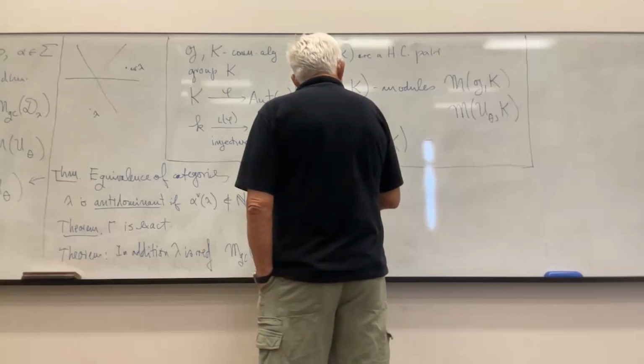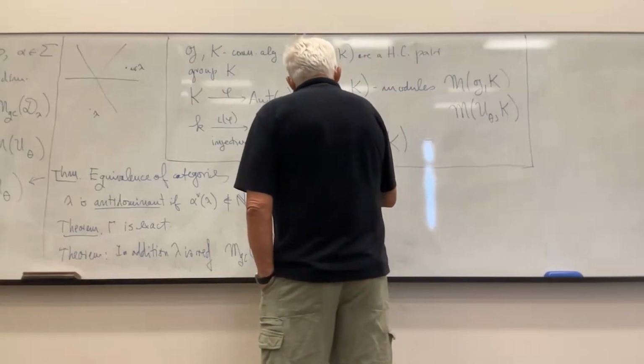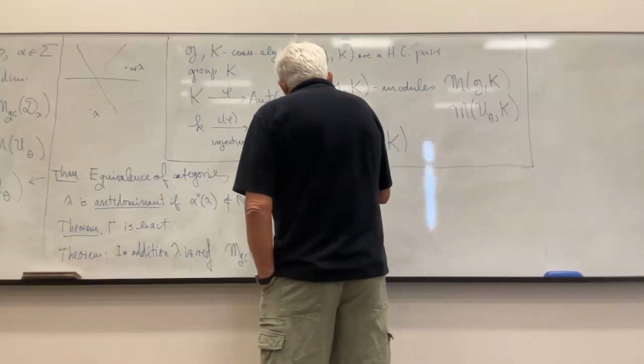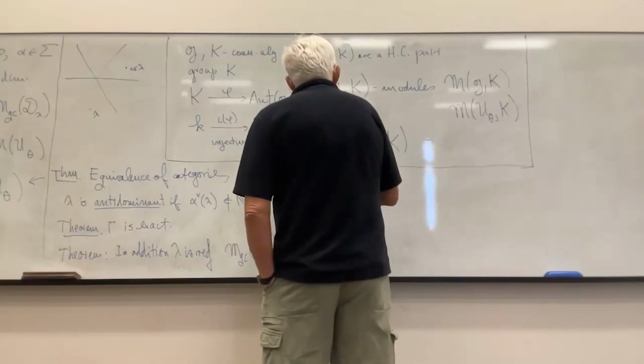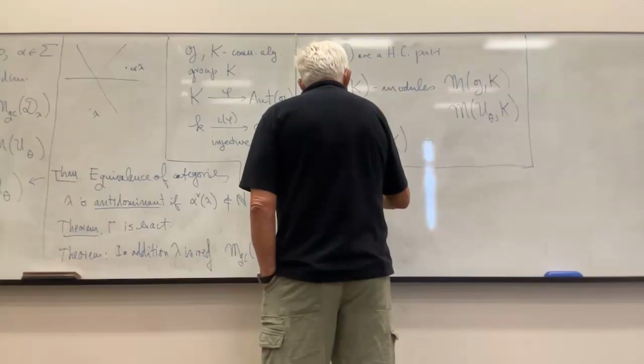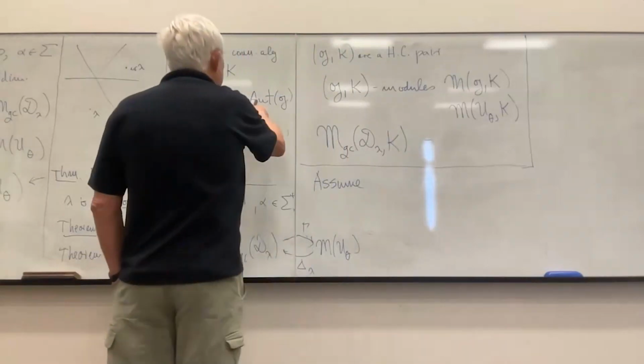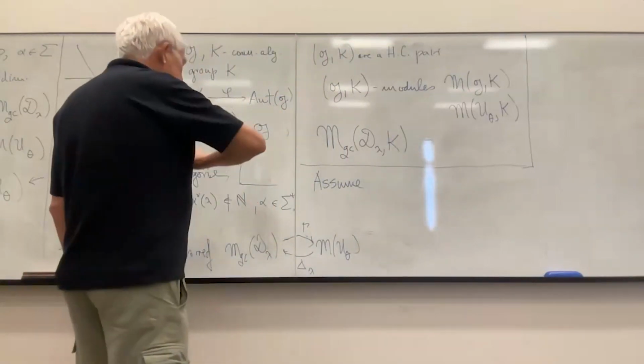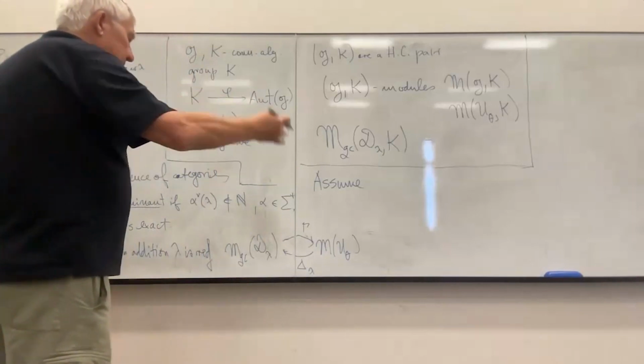So, okay, assume our group K maps to automorphisms of G. So it acts on the flag variety.